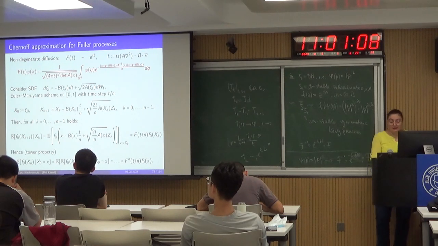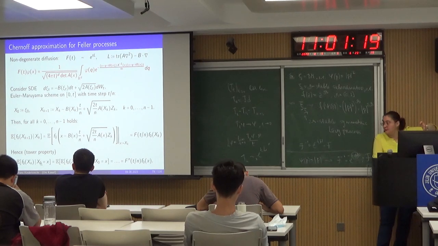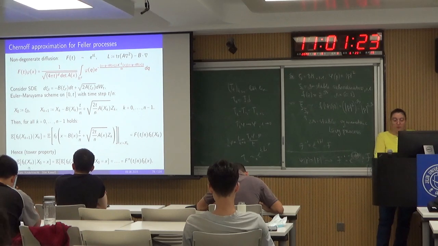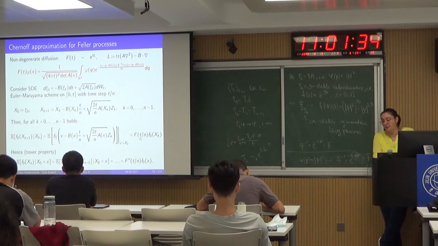Then I can use the tower property to calculate this conditional expectation. I insert conditioning first on x_{n-1}, then I condition on x_{n-2}, and I come back to x_0. But on each step, such a conditional expectation is nothing else but F at point t over n applied to f_0 at the corresponding random variable.